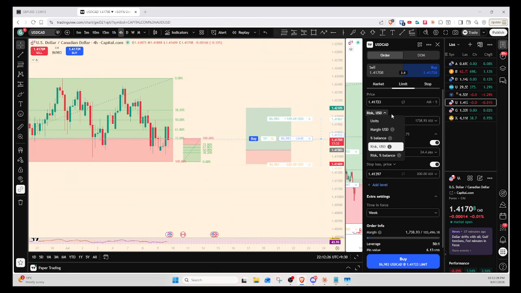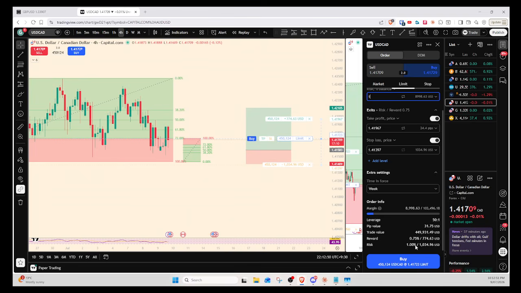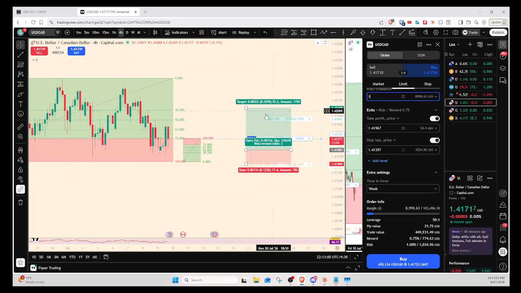Or conversely, what I would recommend, especially for starting out with paper trading, is this one here, which is a percentage of the bank. So if the bank is, for argument's sake, 100,000 and you want to risk 1%, you click in 1%, and if you look down here at the bottom there's the 1%. We will then set these levels up here.